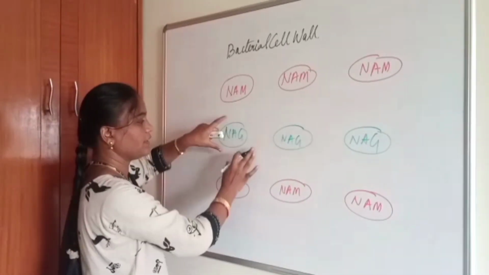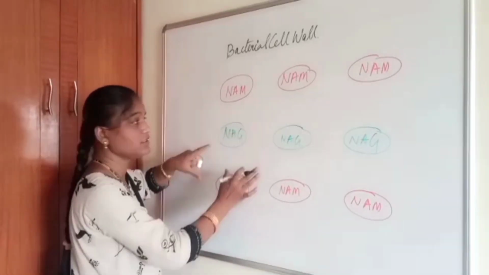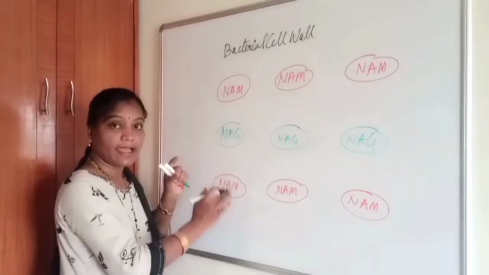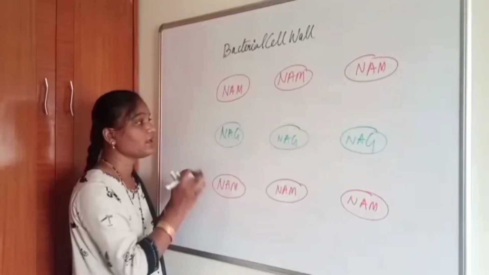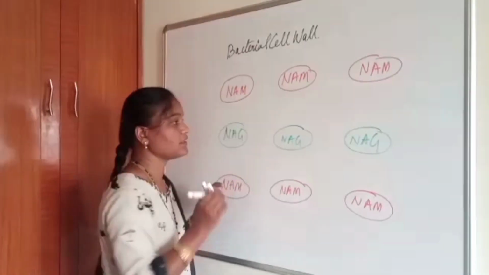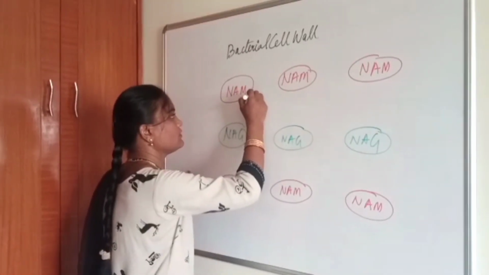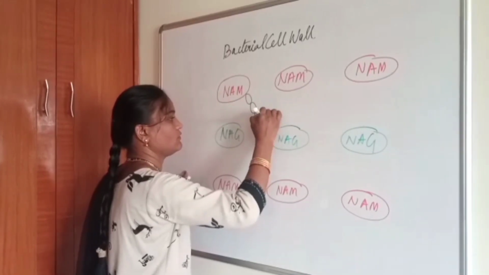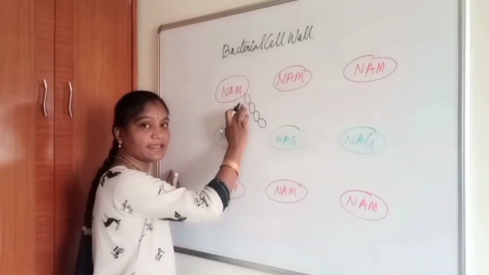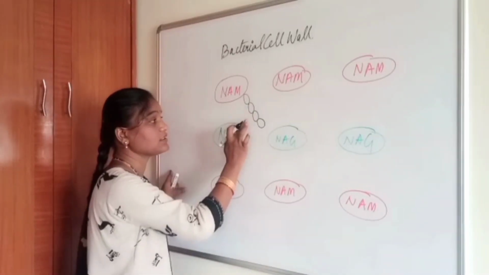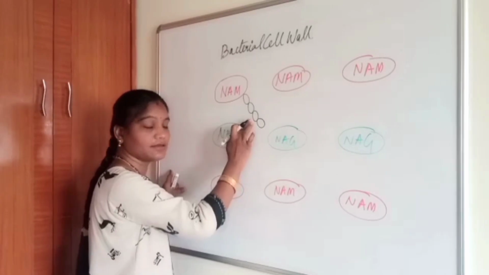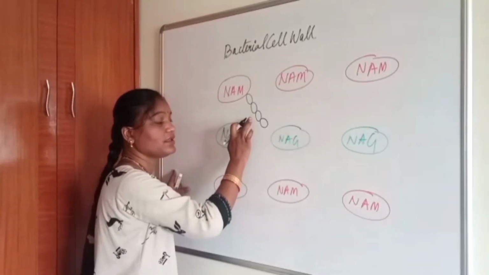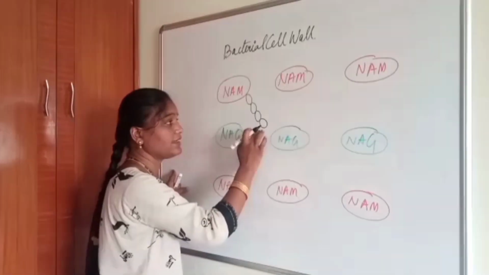So this is the framework of the peptidoglycan layer of your bacterial cell wall. NAM, NAG, NAM and NAG: these two units are arranged alternatively and they are cross-linked with peptide bridges. These are your peptide bridges, four amino acids: L-alanine, isoglutamate, L-lysine and D-alanine.